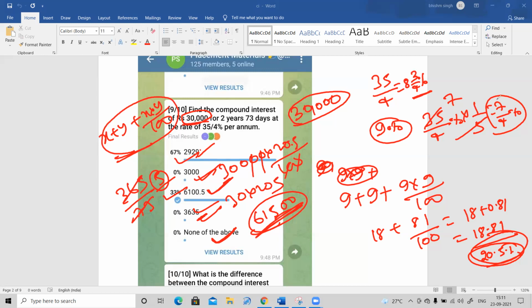You can see almost 9% coming here, 9 to 18, and for the third year something like 2-3%. So almost 20% we are getting. All these answers have a lot of differences, so immediately you have to mark the third one. Now we will come to the next question.